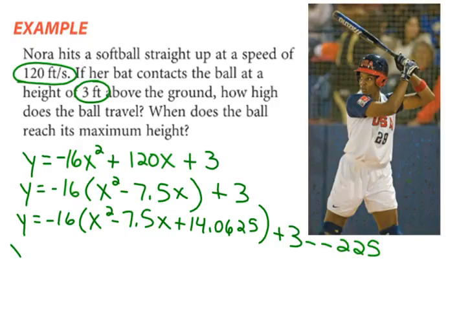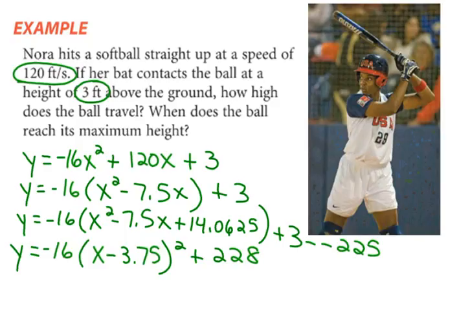So to simplify all of this, we have our negative 16. What's in parentheses is going to factor into x minus 3.75 squared, and then 3 minus negative 225 is the same as 3 plus 225, so that's plus 228.